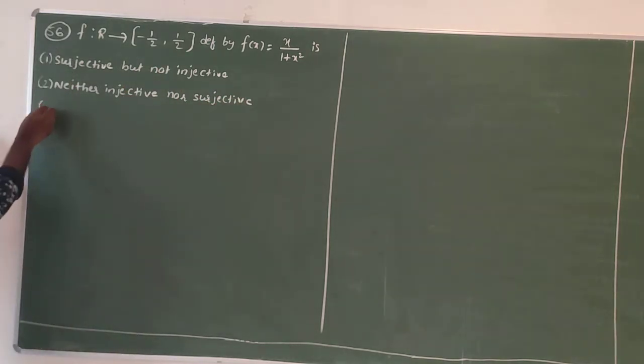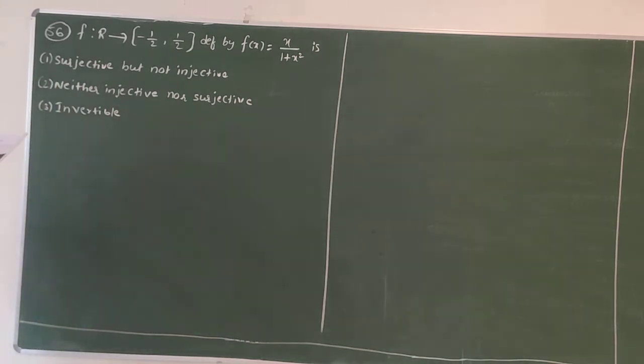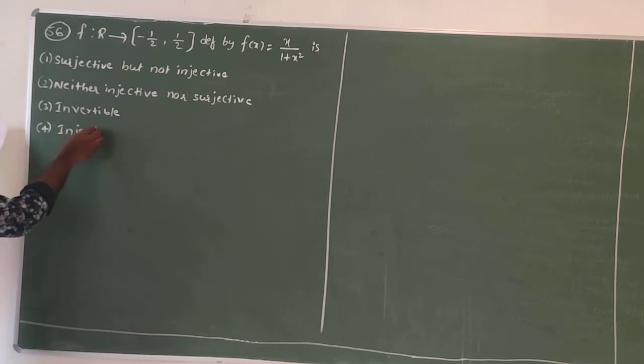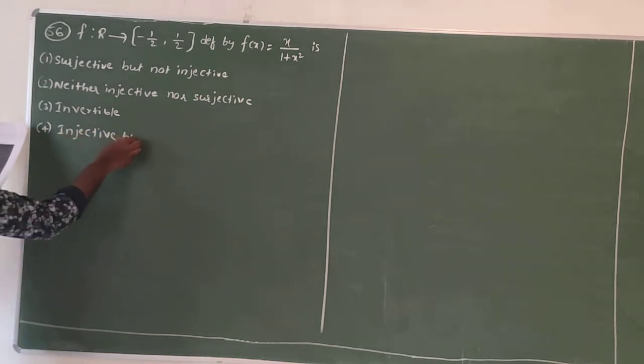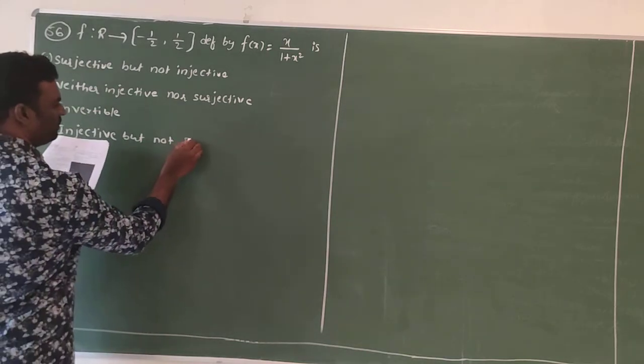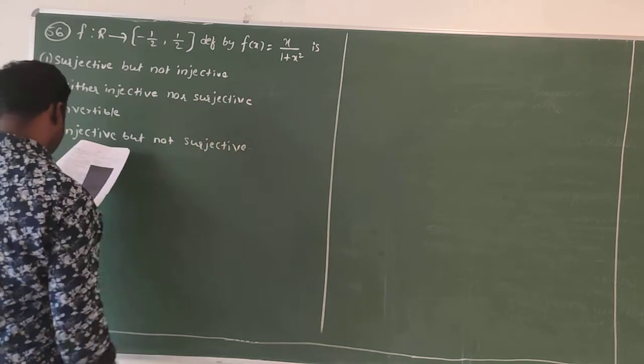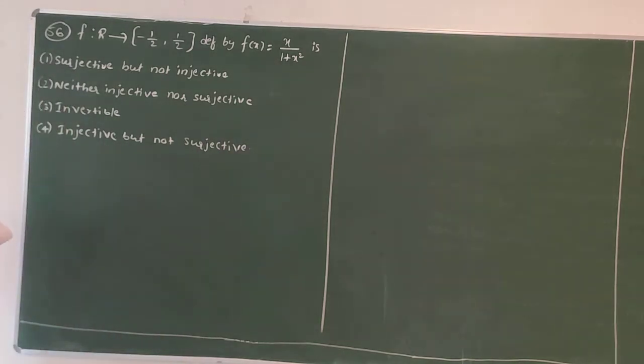Third one: invertible, which means both injective and surjective. And fourth one: injective but not surjective.